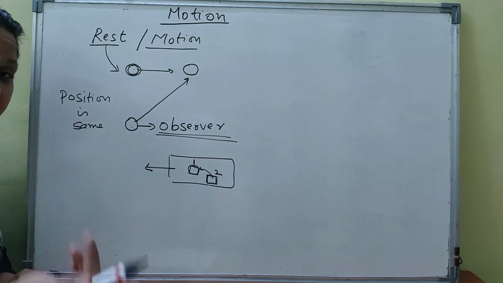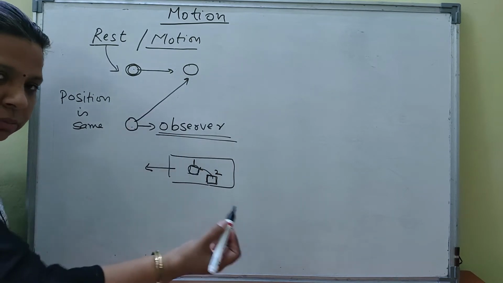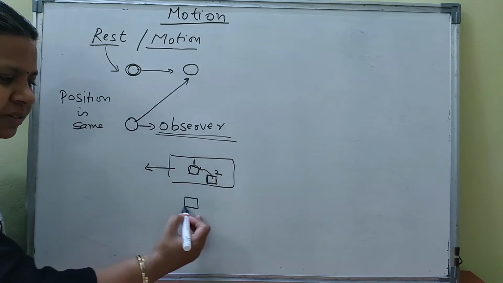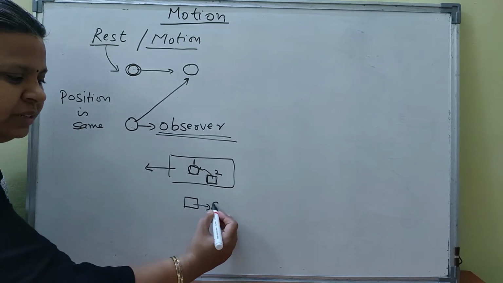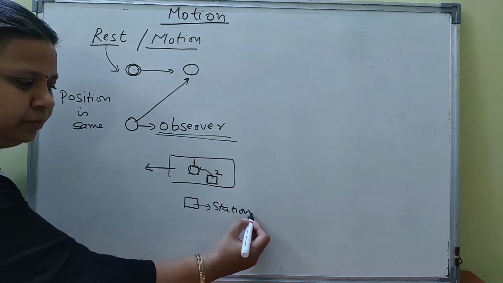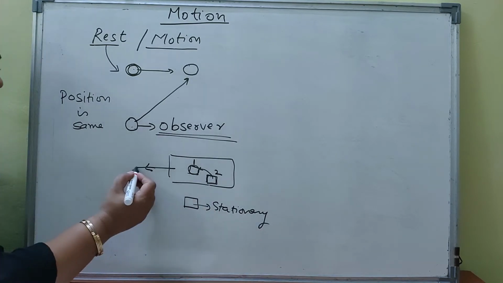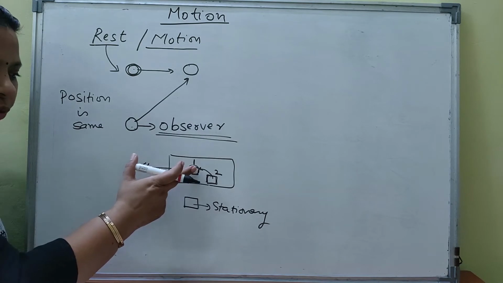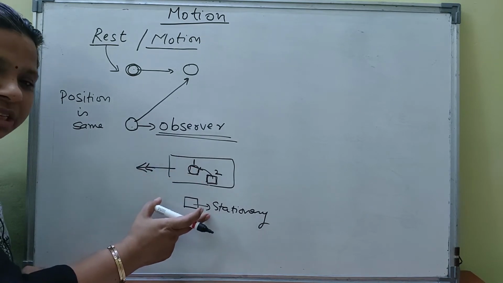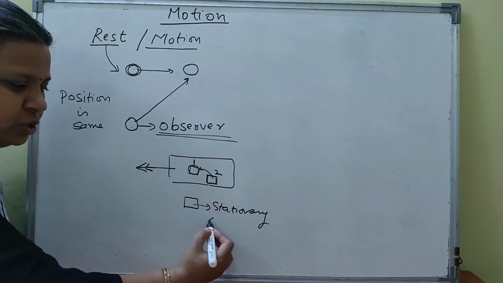But under the same condition, if my observer is outside the bus and stationary, and the bus is moving in this direction, then the position of object 1 also changes with respect to the observer. This is the observer here.